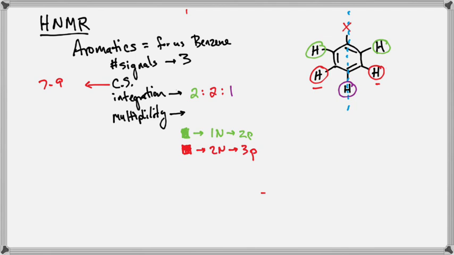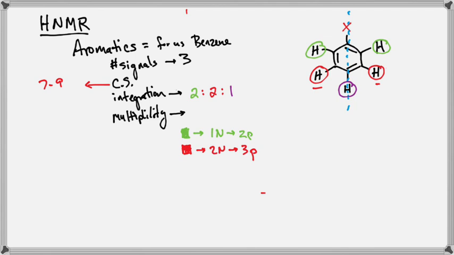And you might be like, no, I'm totally not nervous. It's not a big deal at all. Are those neighbors the same? The green hydrogen and the purple hydrogen, are those the same? Are the green and the purple hydrogens the same?